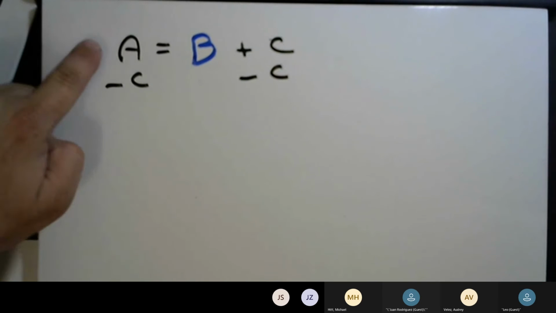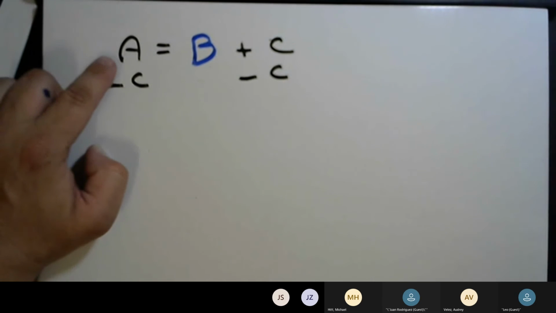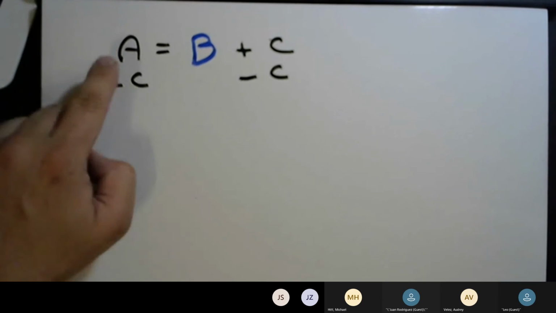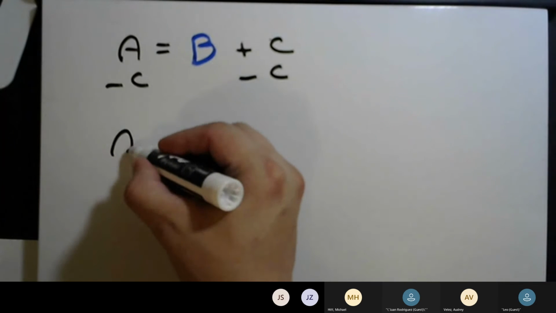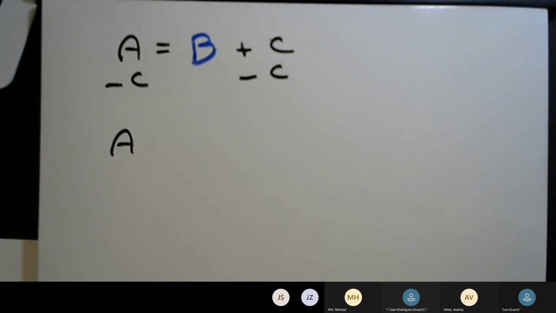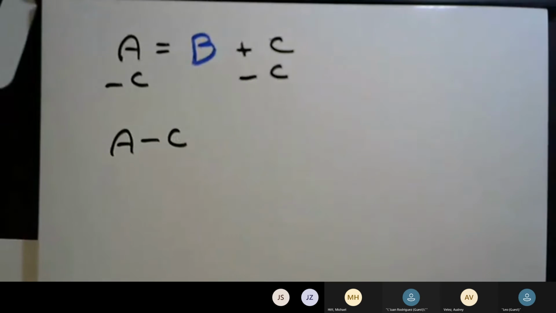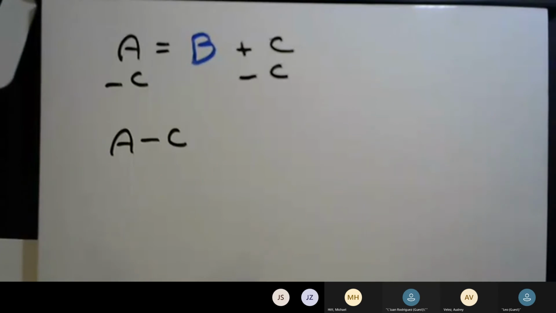But what's going to happen here? Well, we don't know what A is, and we don't know what C is, so we can't turn these into a number. So the best we can do is just sort of make what they call, I don't know if you've heard the phrase before, a rain check. We're just going to call this A subtract C. And someday if someone comes along and says, oh, put this number for A, put this number for C, well, we can do that.